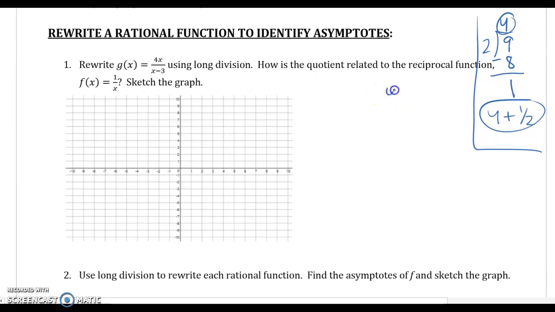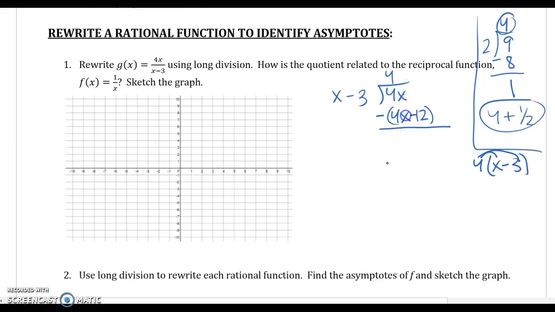So now if we write 4x divided by x minus 3, we want to see how many times x goes into 4x first, which is 4 times. So 4 times x minus 3, we just distribute 4 to the x and the negative 3, so we end up with 4x minus 12. Put that in parentheses and subtract it, because that's how we'll find our remainder, is by subtracting.